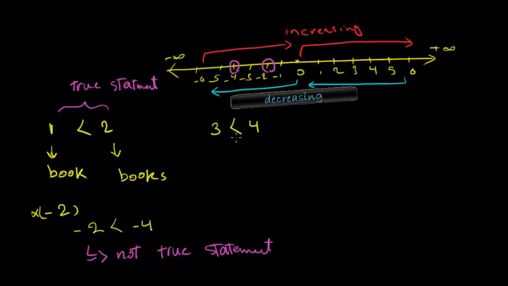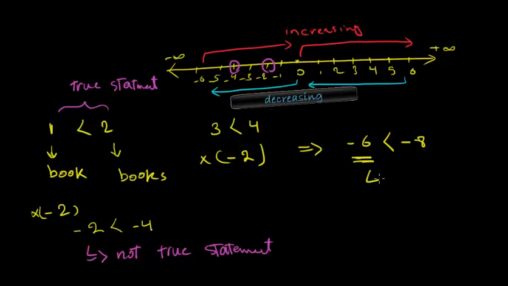Same as with 3 less than 4, if we multiply it by a negative number, for instance by -2, you'll have -6 less than -8. Which one is bigger? -6 is bigger than -8.